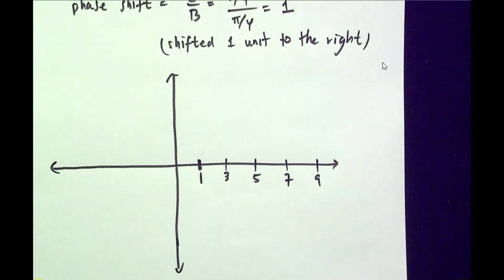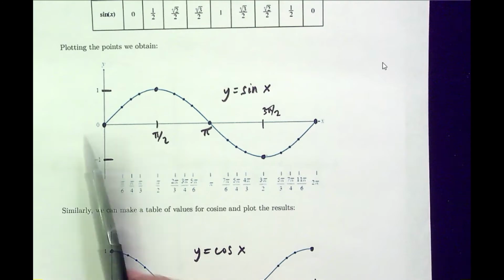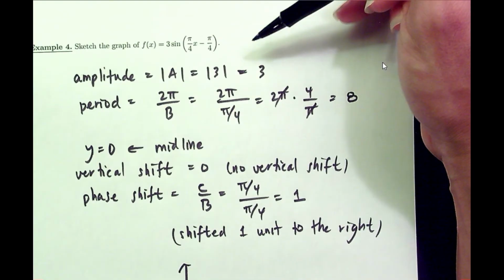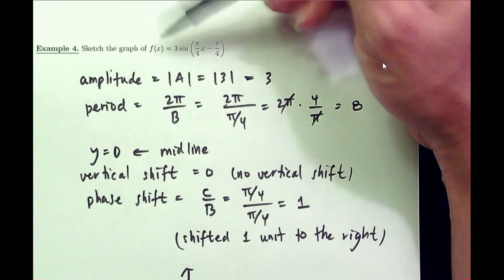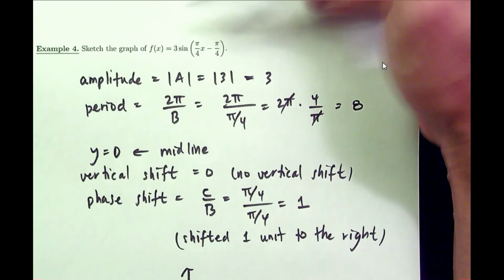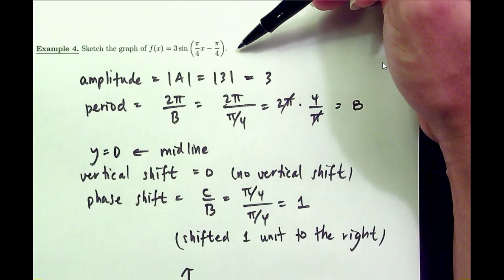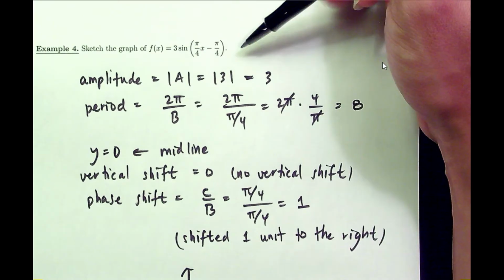All right, now let's find the coordinates for the points corresponding to each of these tick marks. And remember, only the numbers outside the function affect the y coordinate. In this case, the d is 0. So you multiply by a, which is 3, and add d, which is 0.